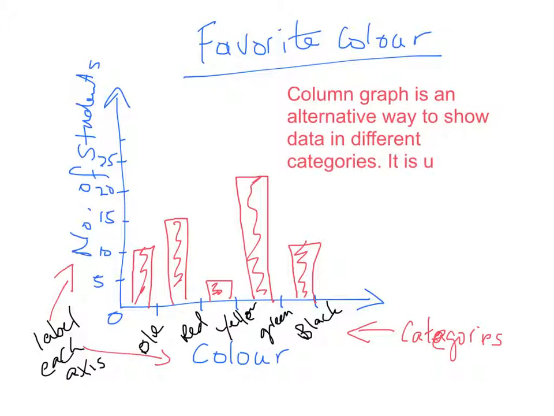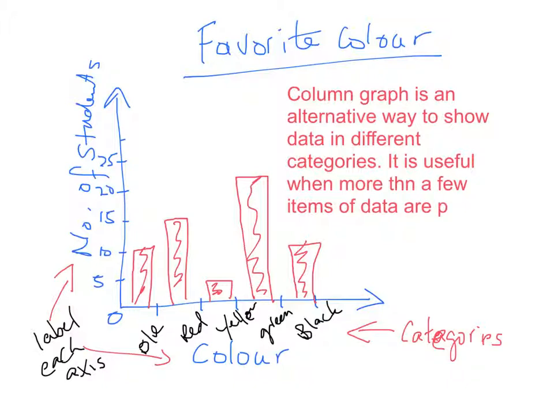It is useful when more than a few items of data are present. Okay, it's very important. The key words I hear is more than one category, more than a few categories.